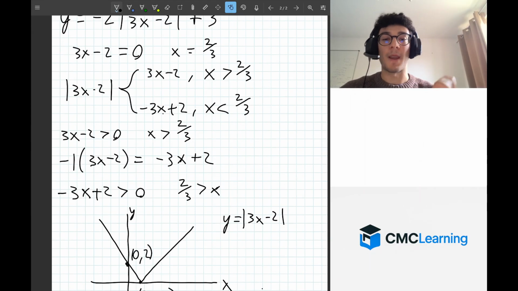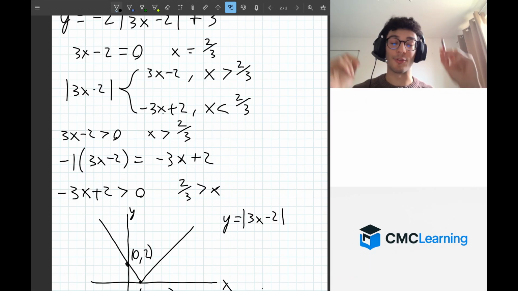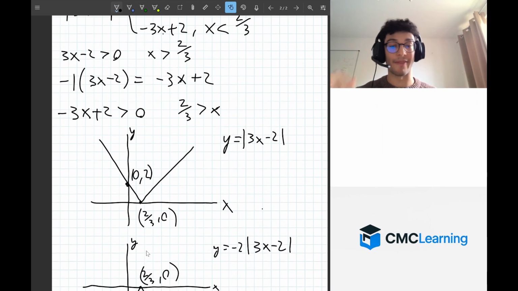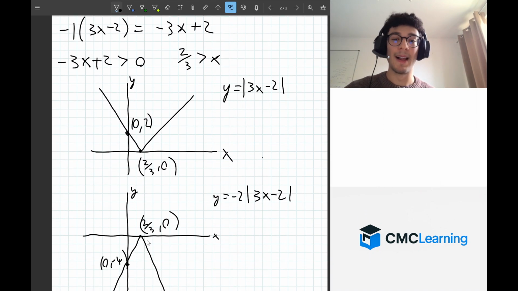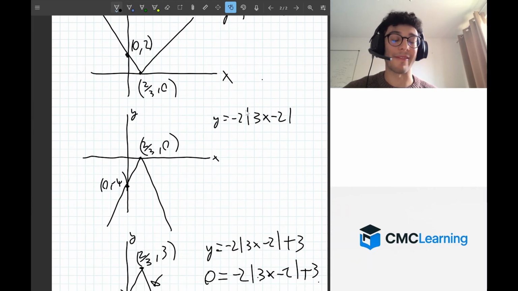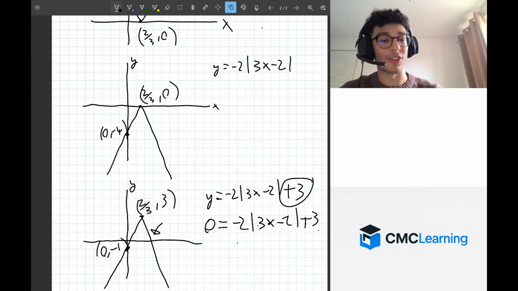And then we need to consider these boundaries, if you will. One where the inside of the modulus is positive and negative. You then split the function into those 2 lines, and then do necessary transformations afterwards. So scaling factors on the modulus function, like this -2, or translational factors, like this +3.